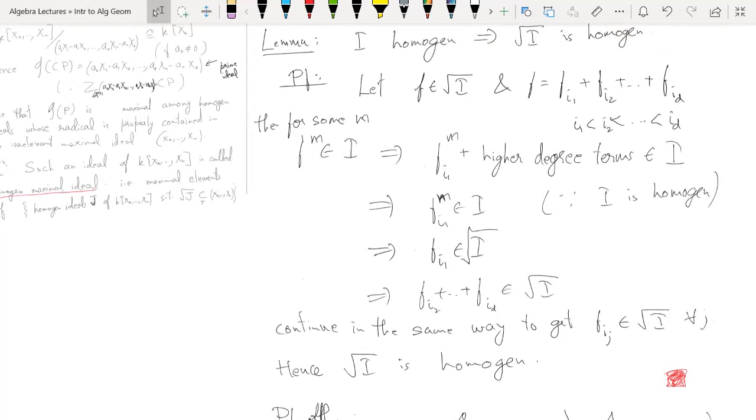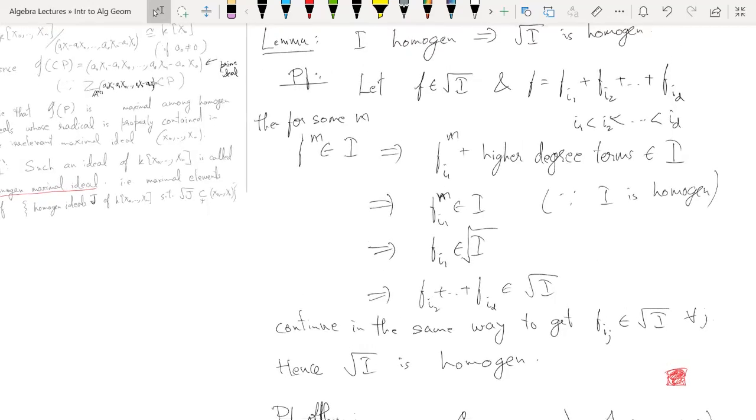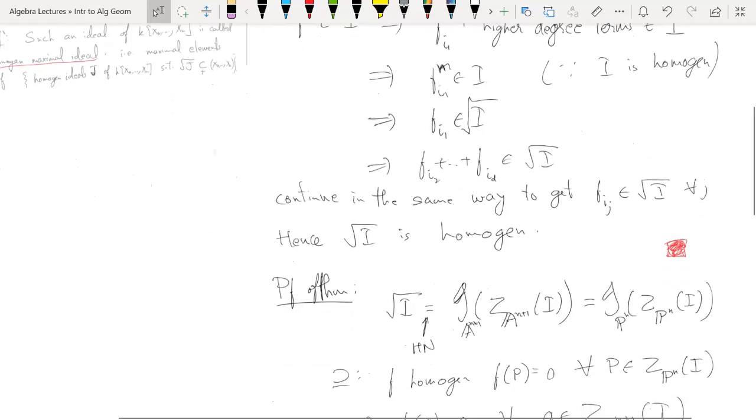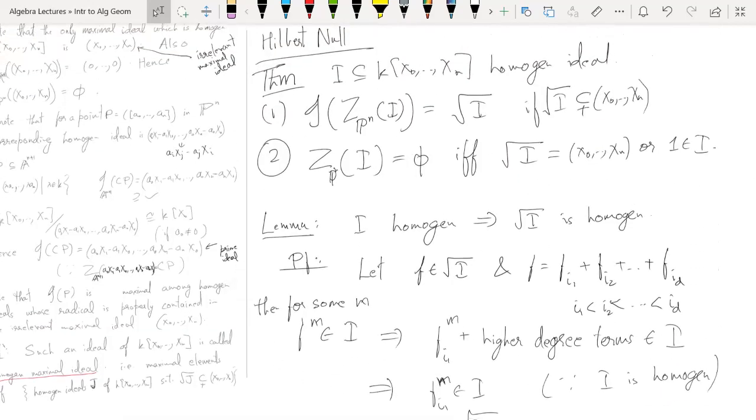And if you look at the ideal of definition of that cone, you get the radical of I. So what it says is that the ideal of definition of a cone is going to be a homogeneous ideal, because any cone, again, you can write as a zero set of some homogeneous ideals. So that is how one should interpret this.